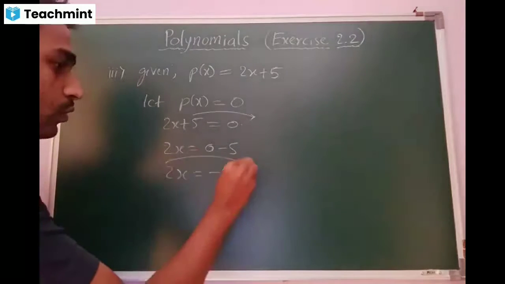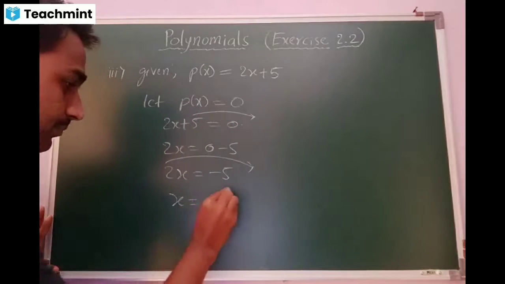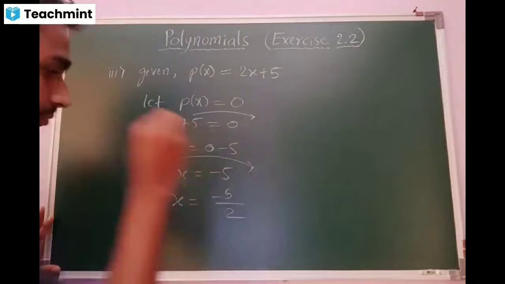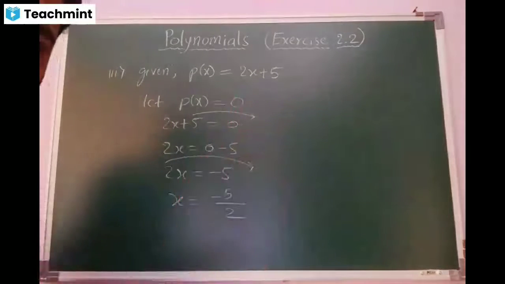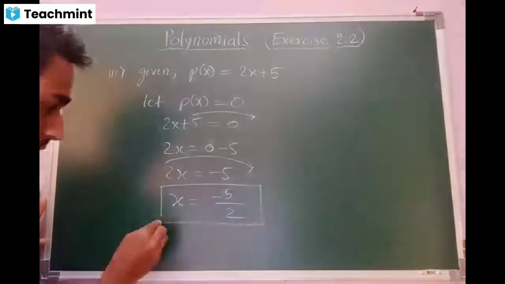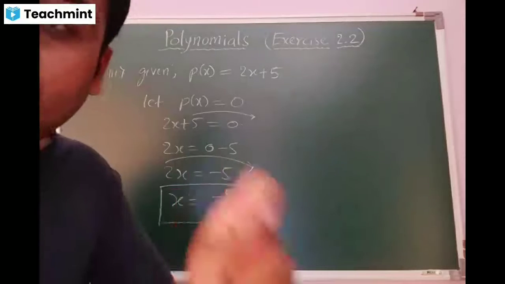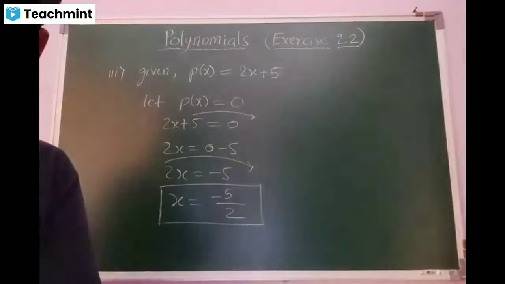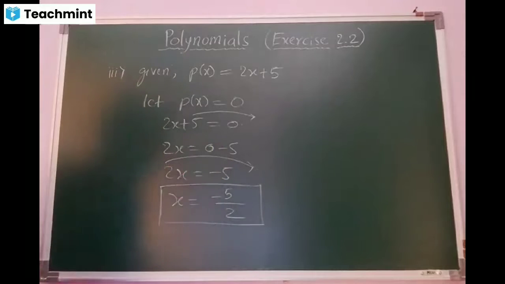Now again, 2 also you have to send to the right side. Tell me, beta, what will be the expression? What is the answer? Students, what is the answer we got? Minus 5 by 2.